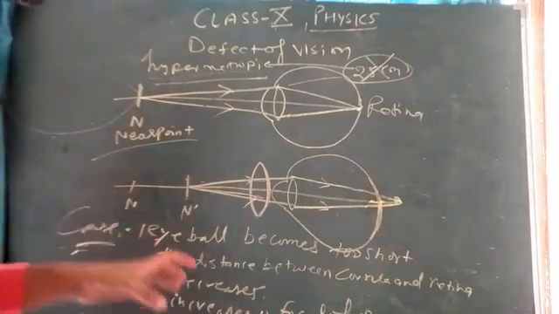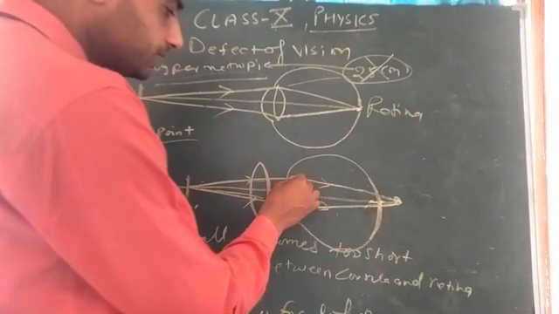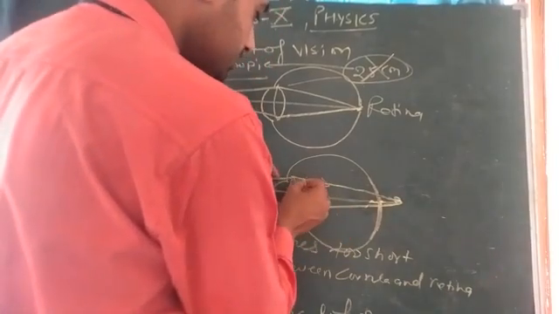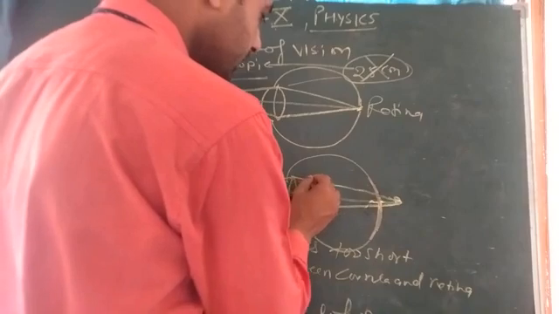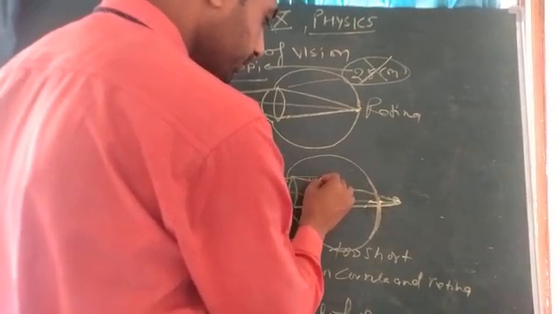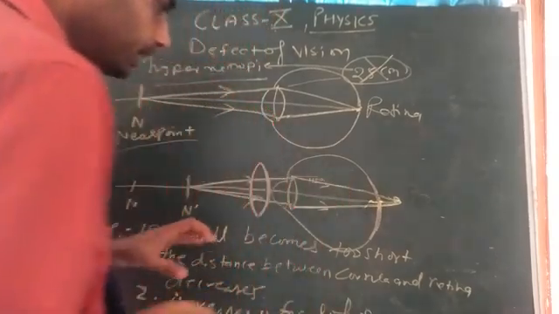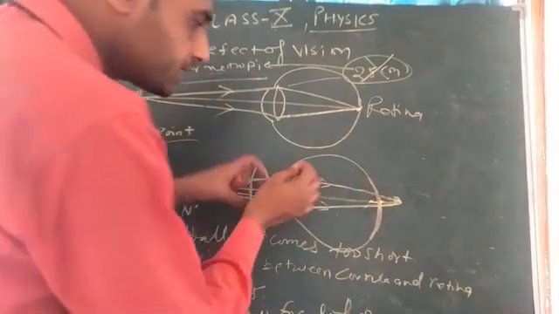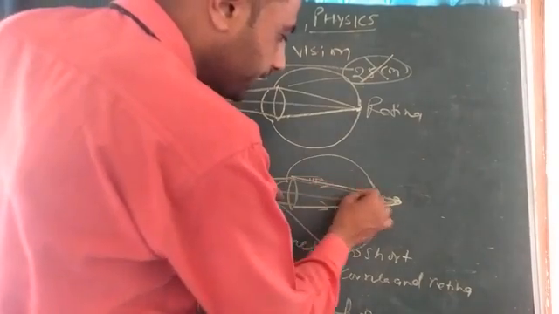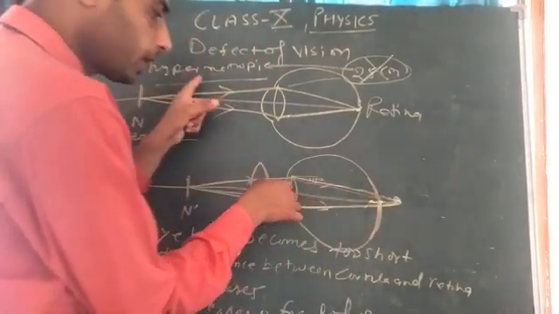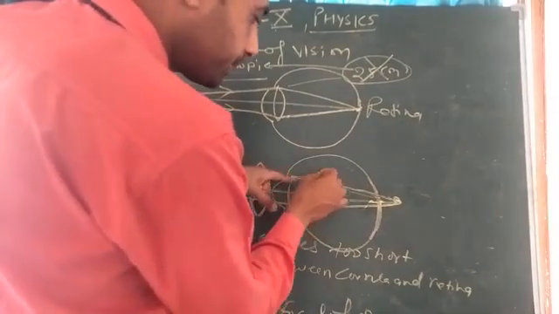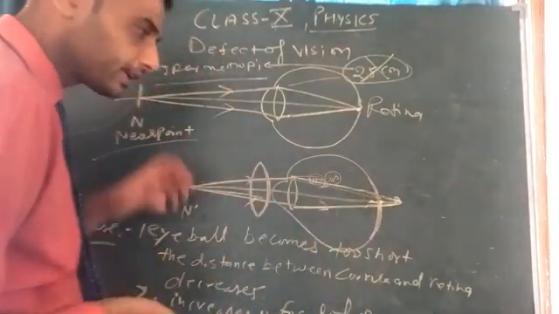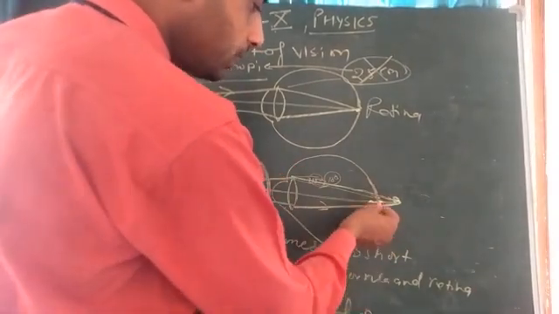Or as you can understand, let this convex lens converge rays of light at an angle of 15 degrees, and then if we use another convex lens and there is a need to converge the rays of light only 10 degrees, this eye lens due to the hypermetropic defect converts rays of light at 15 degrees, but there is a need of only 10 degrees to converge rays of light so that they are incident on the retina.